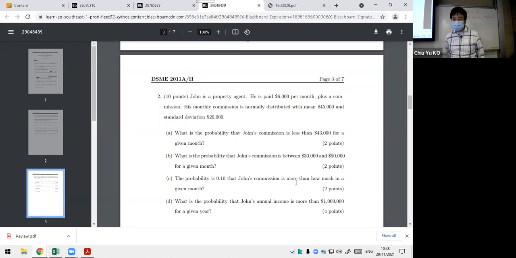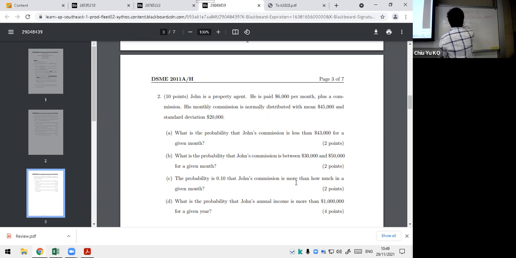The first question is rather simple, right? Question A is asking the probability that Y is less than this number. And that is easy, right?